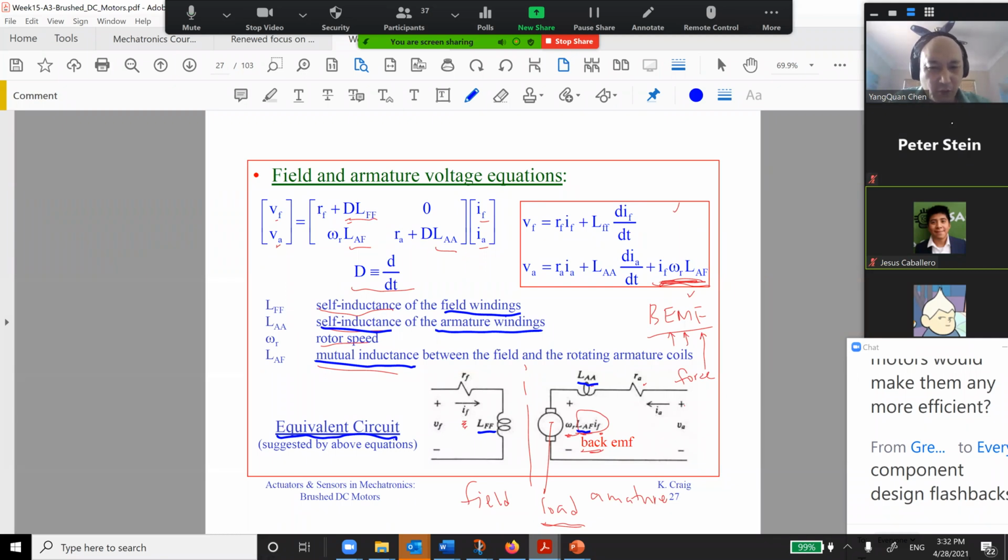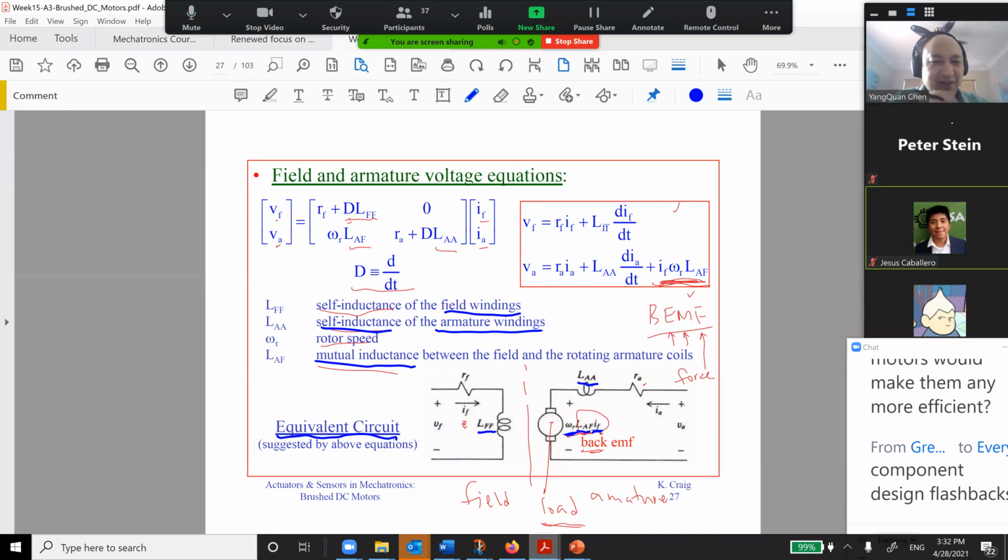So we know that this back EMF is also a voltage. We'll have an equivalent voltage induced in this motor rotor, proportional to omega_R, the speed. If you have larger speed, you have a larger back EMF. This is also linked to I_F, the field current.